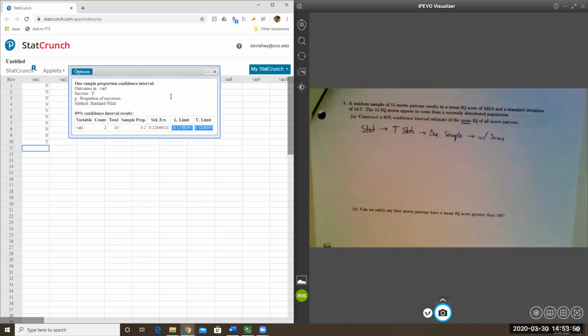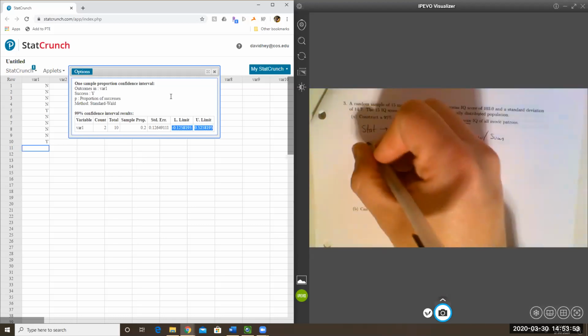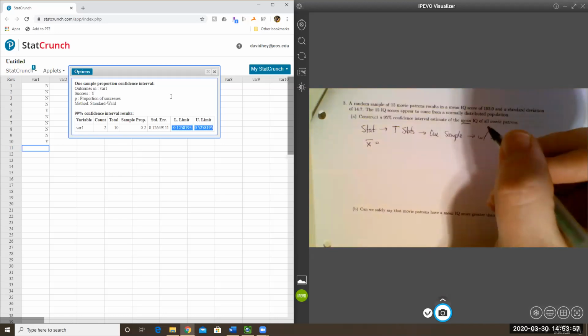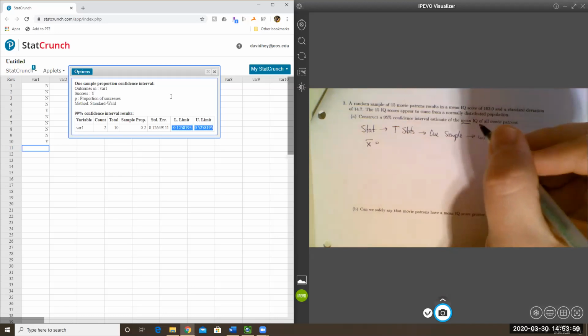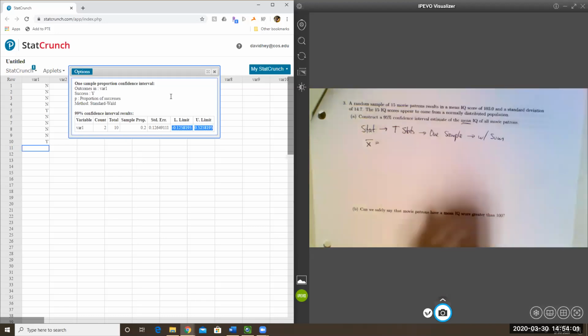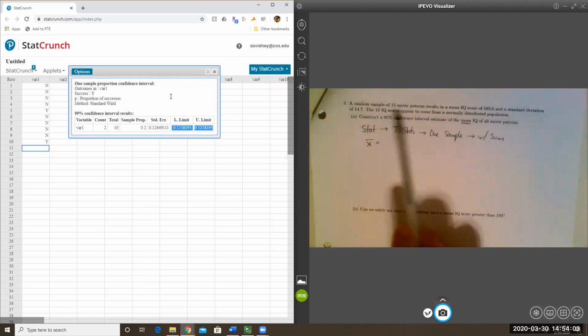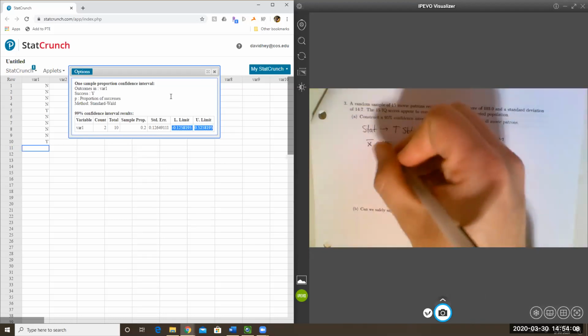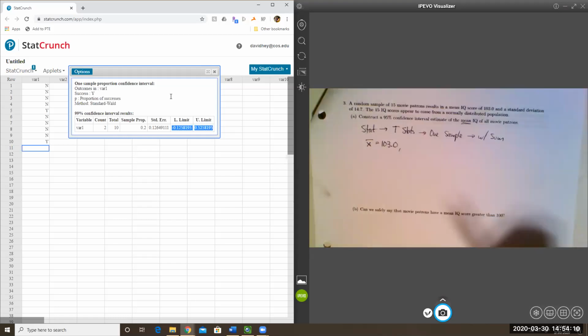When I go there, I'm going to be prompted to enter the sample mean. I'm not sure what order they ask for these things in, but they definitely ask for the sample mean. In this case, we're told that this random sample had a mean of 103. We're going to be asked for the sample standard deviation.